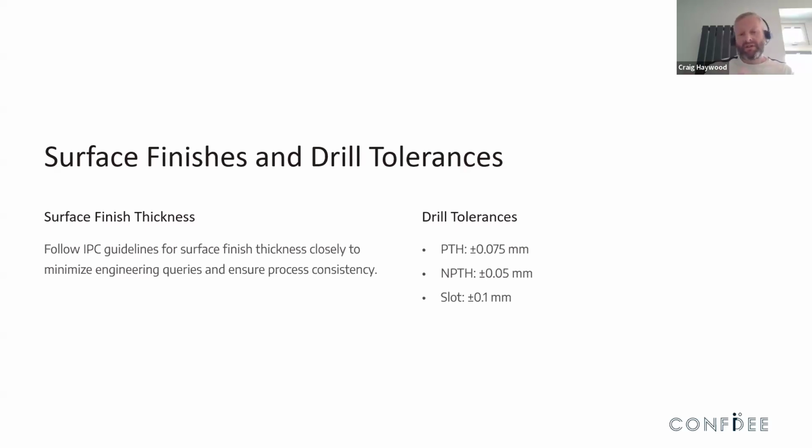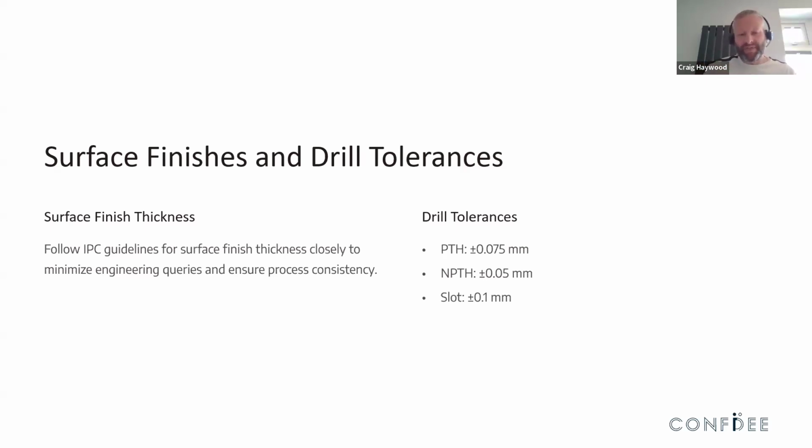Drill tolerances. Preferred for most manufacturers on plated through hole is 0.075 millimeters. That is for plated through holes. Non-plated through holes plus or minus 0.05, and for plated slots plus or minus 0.01. I've left press fit off this. Press fit obviously is within capability of most manufacturers, requires more plating in the hole.